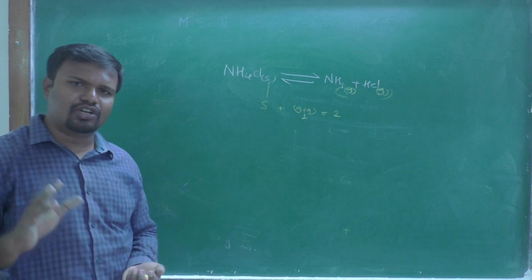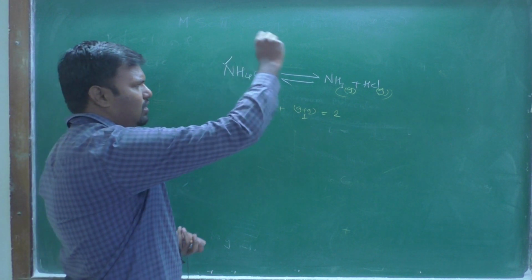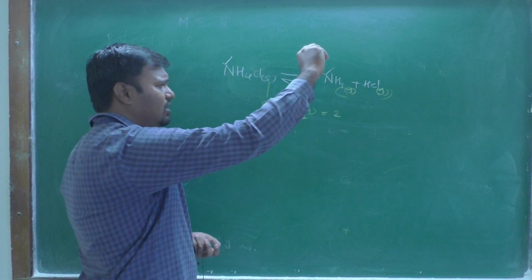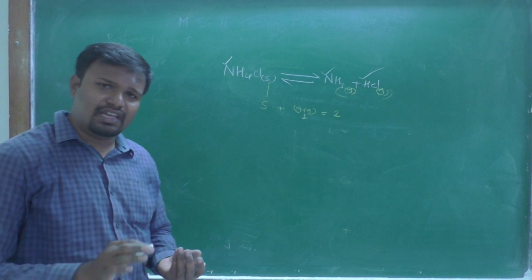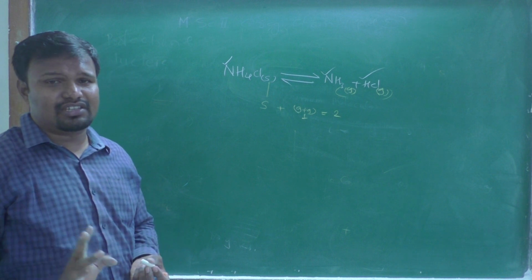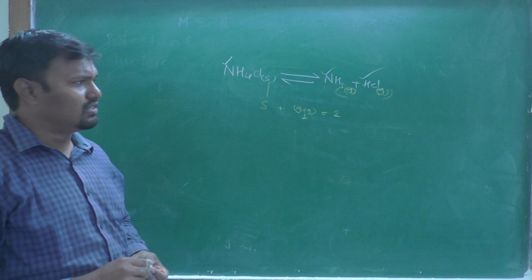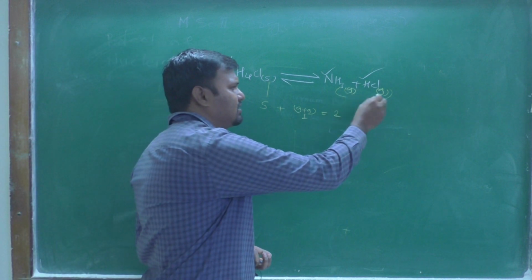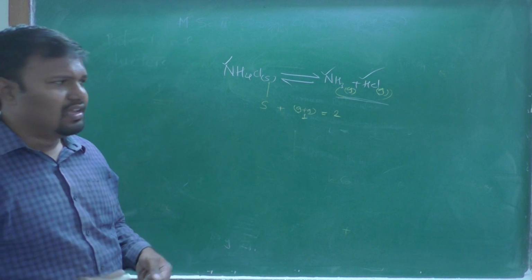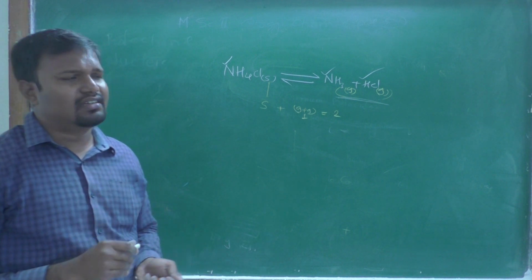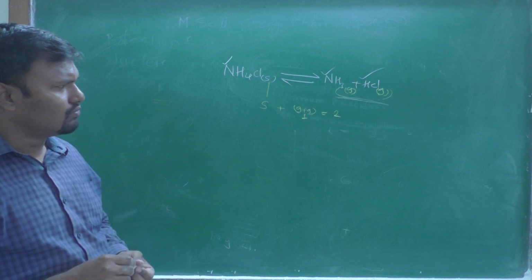Phases and constituents are different concepts. In this case, there is a first constituent, second constituent and third constituent. Each chemical species is a constituent, but each chemical species is not considered a different phase. If the gases are mixed together, they form only one phase. Therefore, phases and constituents are different concepts. Remember that important thing.